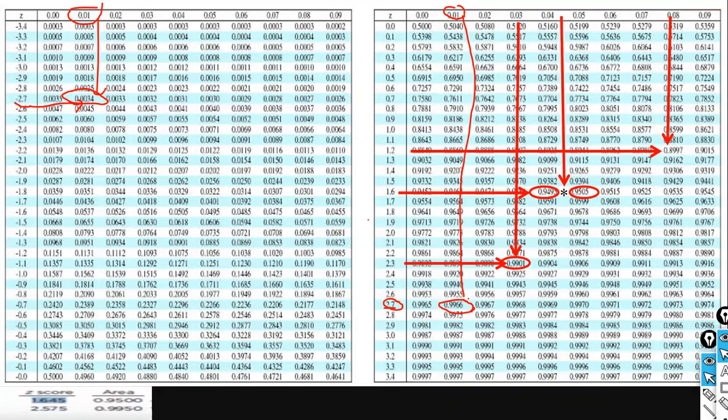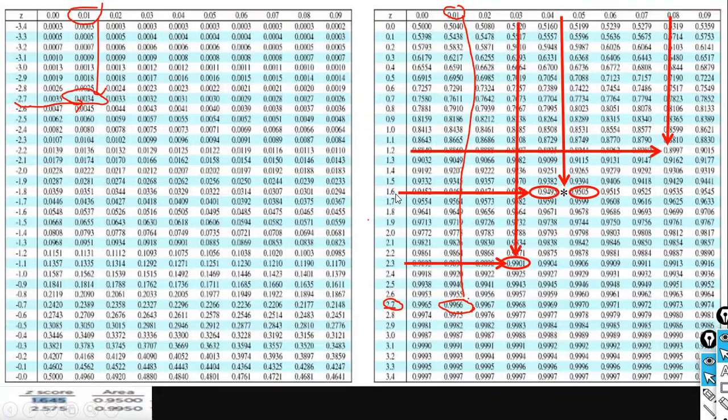So we need to find out where the 0.95 is located in this Z distribution table. Somewhere we can see 0.9505, slightly bigger than 0.95. On the other hand, 0.9495 is slightly lesser than 0.95. So the 0.95 will be somewhere in between these two values.